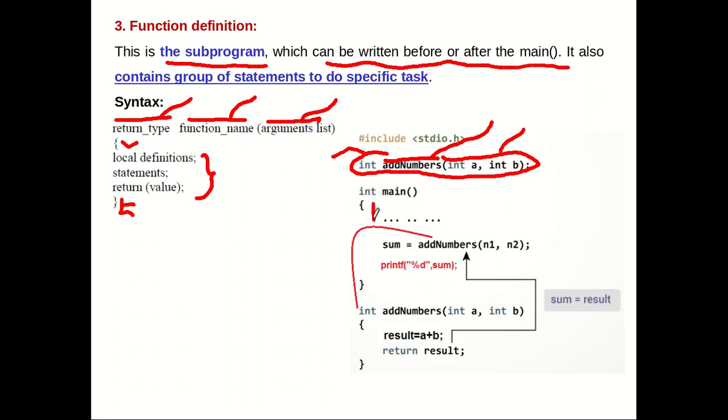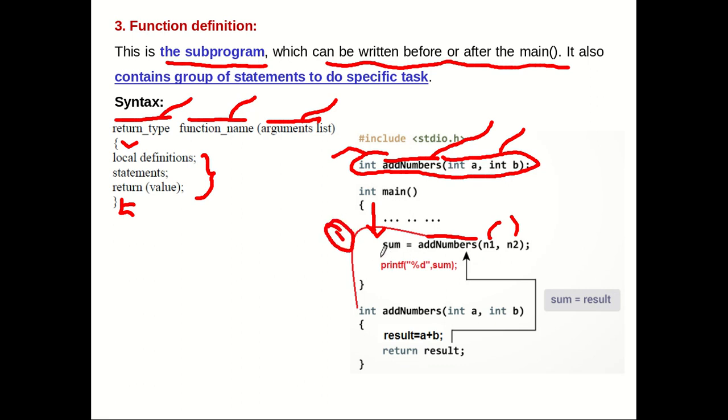Once we enter into main, we will call this particular function by passing these two values. Whenever this function is called, the control will jump to the function. That is the first thing which is going to happen.